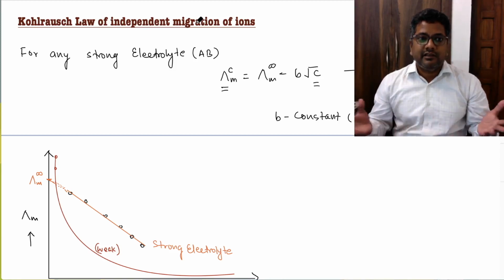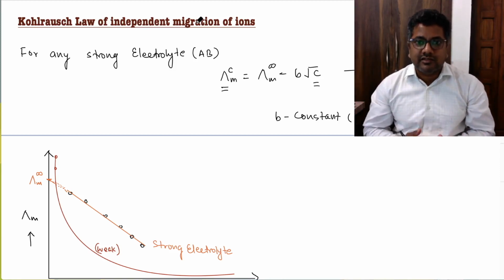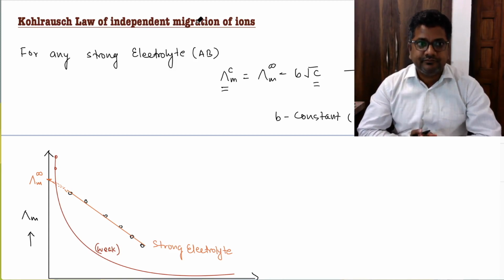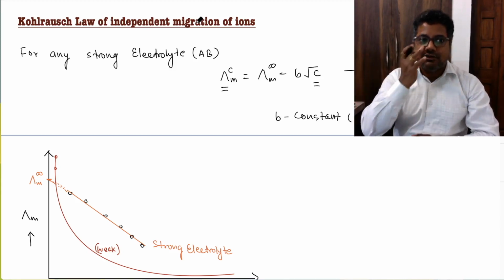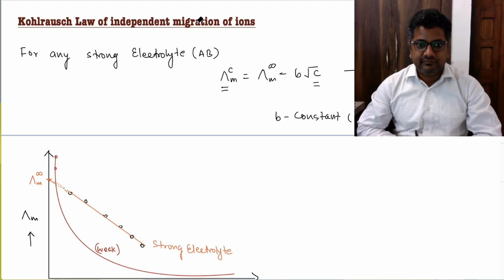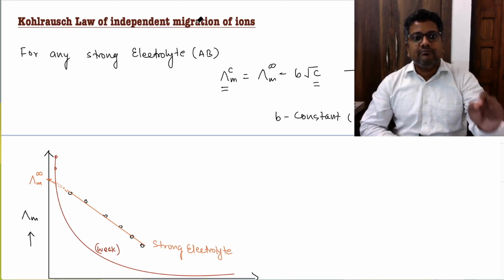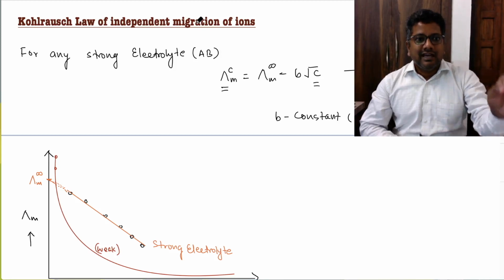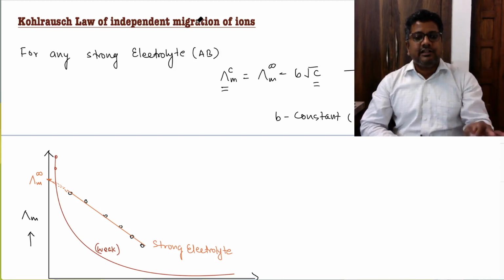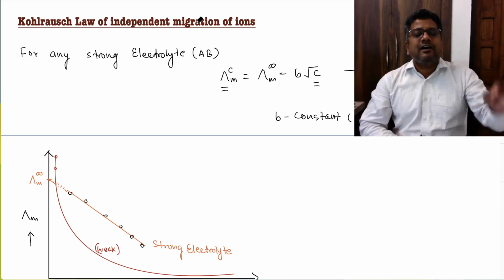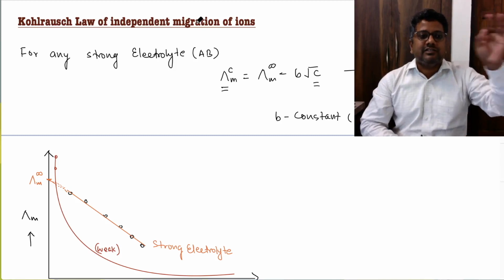So this is a very important conclusion. Suppose that you have acetic acid. Acetic acid constitutes acetate ion and H plus. If you have the molar conductance value at infinite dilution for H plus, that H plus is not necessarily derived from acetic acid. That H plus may be derived from any strong electrolyte like HCl, like H2SO4.